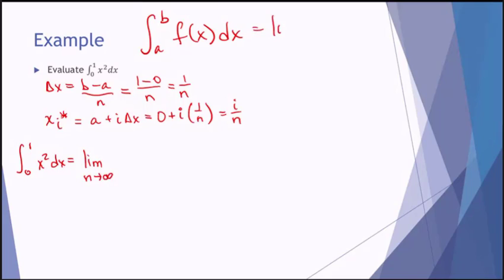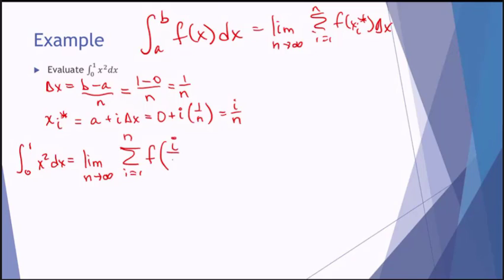I'm going to use the generalized limit. So it's the sum from i equals 1 to n of f of x sub i star delta x. So we'll have the sum from i equals 1 to n, f of x sub i star, which for our particular question is i over n. We then multiply times delta x, so times 1/n.